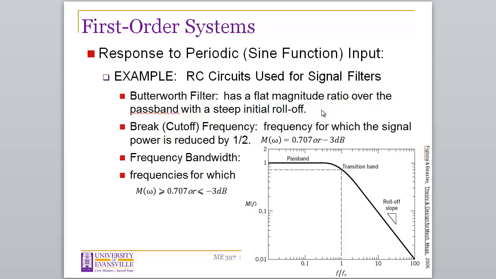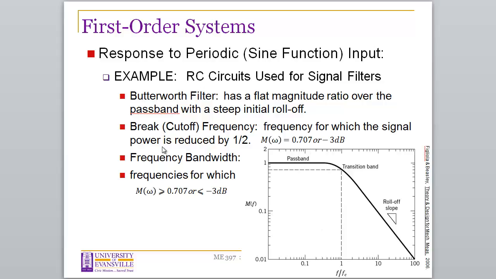The cutoff frequency, or the break frequency, is defined as the point at which the power is reduced by 1/2 by the first order system. And the power being reduced by 1/2 is the same as -3 decibels, which is the same as a magnitude ratio of 0.707, square root of 2 over 2, I believe.